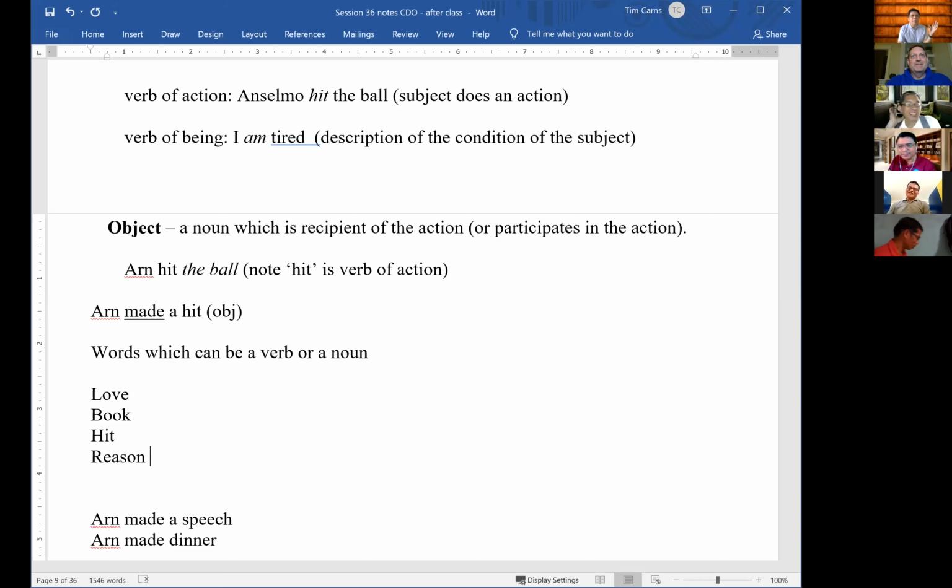But our point here, Pastor Tim, is the same word without a change in meaning can function as either a noun or sometimes a verb, right? Yeah. That's our point, right? Same word without change in meaning can function as a noun or a verb. Yeah, and I think that's true for many languages.